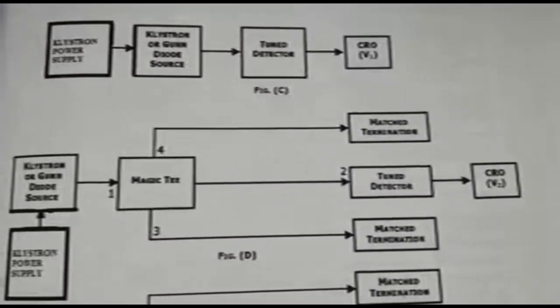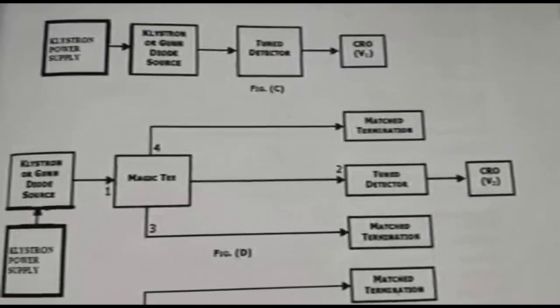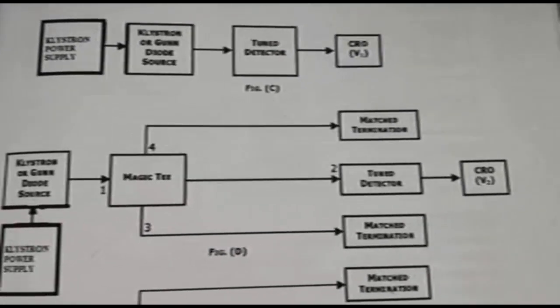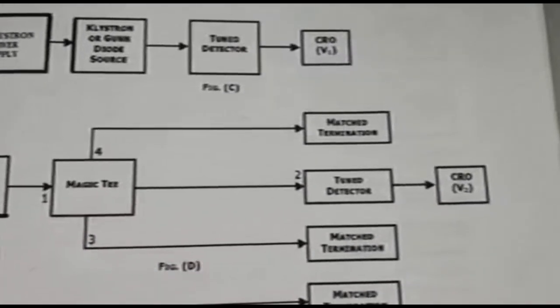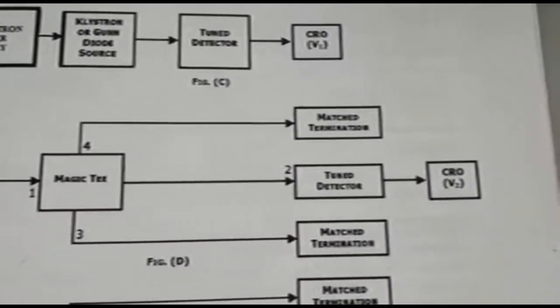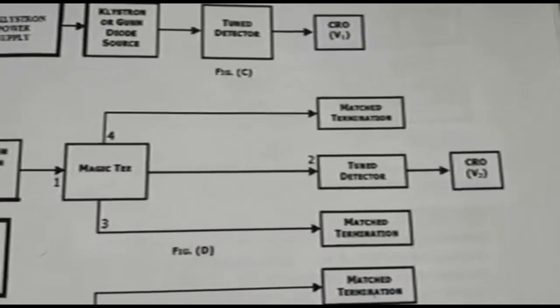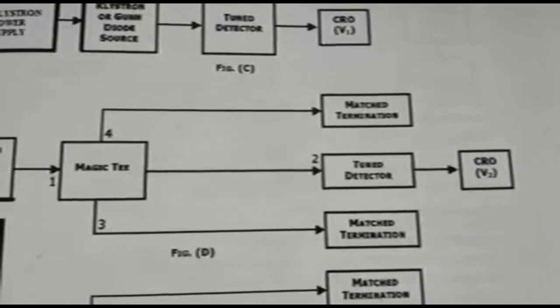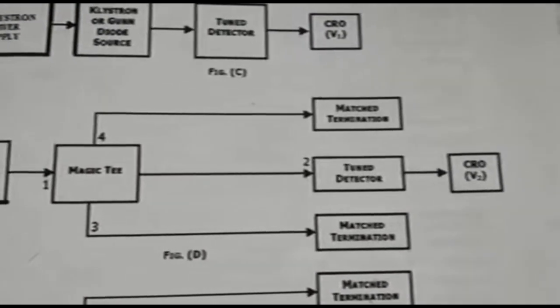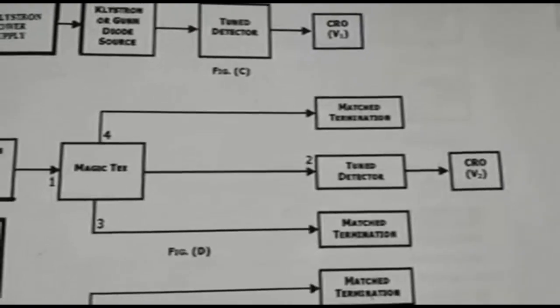So observe this figure D. Here port 1 is the input port, port 3 and port 4 are connected to the match termination. The detector is connected to port 2, and we can measure the voltage V2. Therefore, remove the match termination which is connected to port 2 and connect the detector mount to that port and measure the voltage V2.